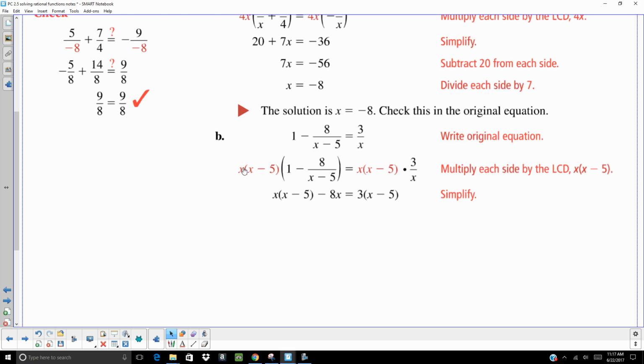And I'm going to multiply that by 1, and I get x times x minus 5. Then I'm going to multiply it by the second term. My x minus 5's cancel, and I'm just left with 8. 8 times x equals -8x. Multiply that times the third. My x's cancel, and I get 3 times x minus 5.